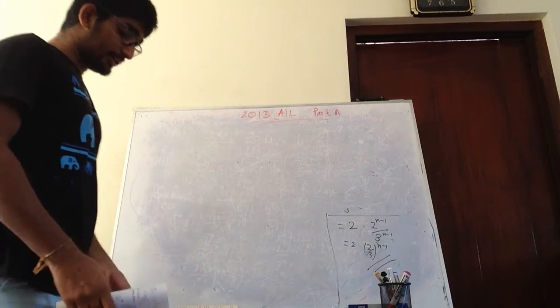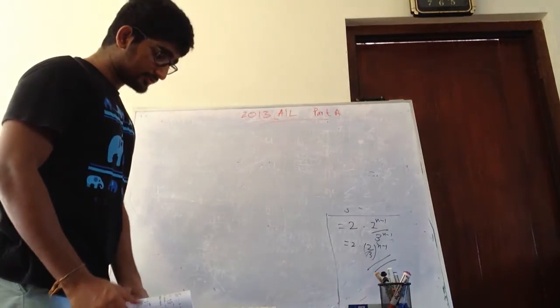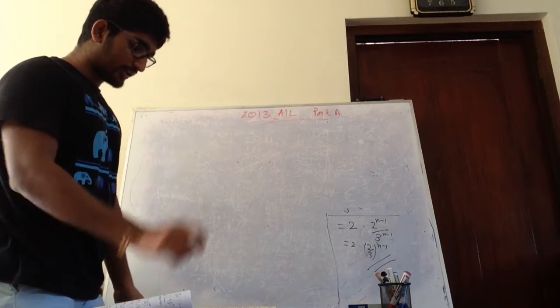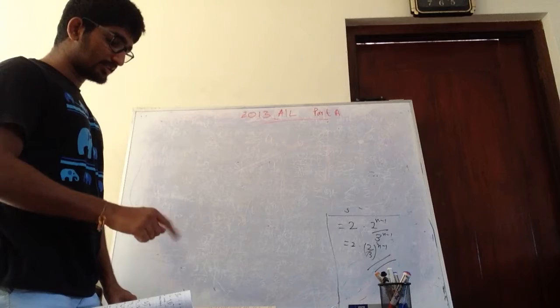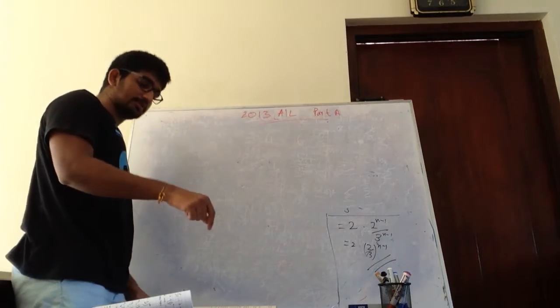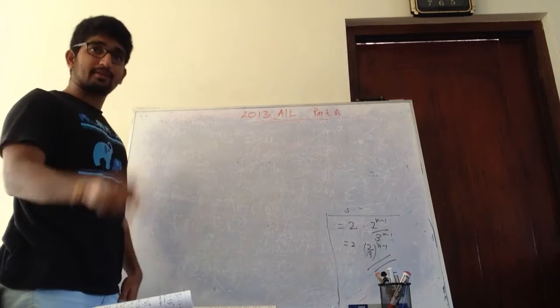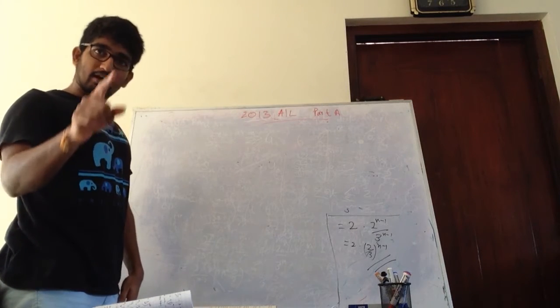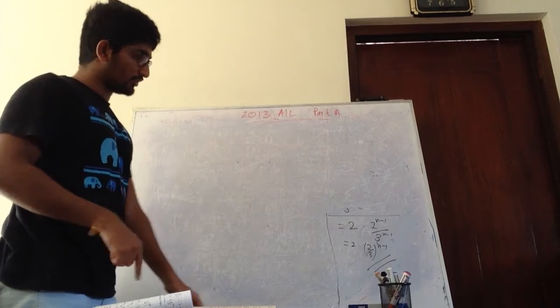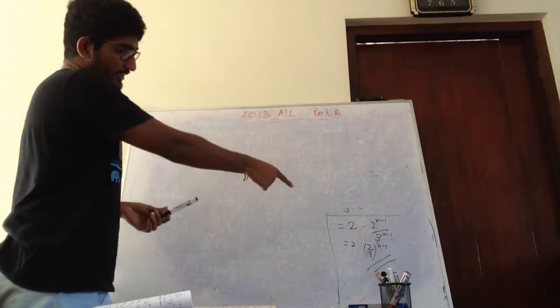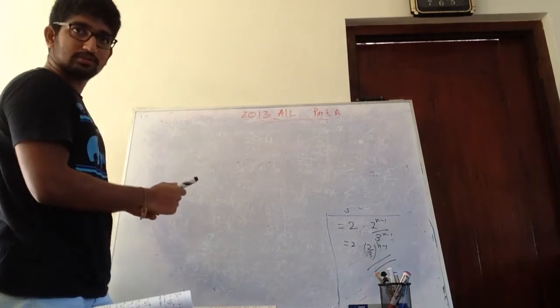Right. So then they are asking to find the nth term of the series and show that the series is a convergent geometric series. So they are actually asking to show that this series is a geometric series and it's convergent. So basically now we got, that is why I transformed that into this way.